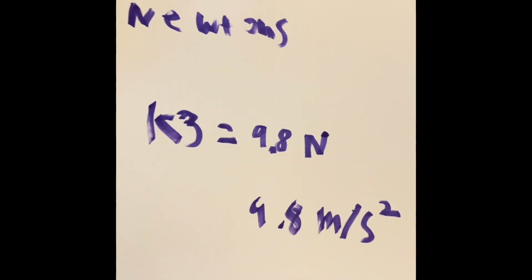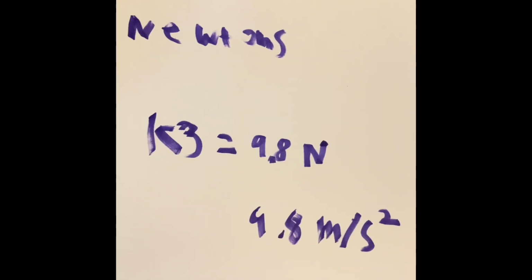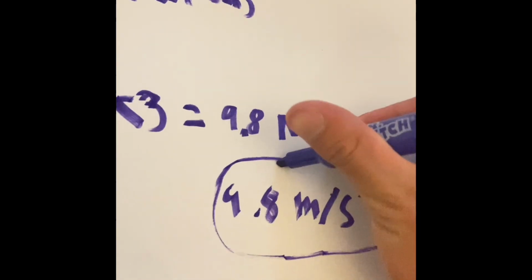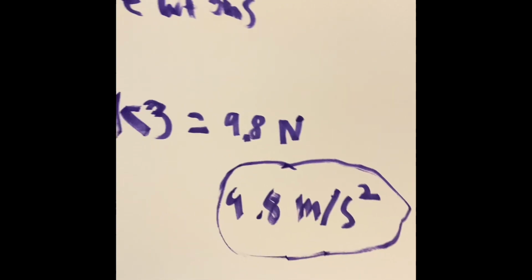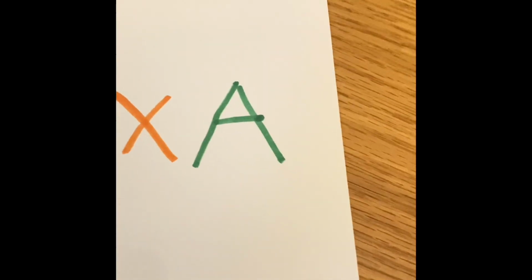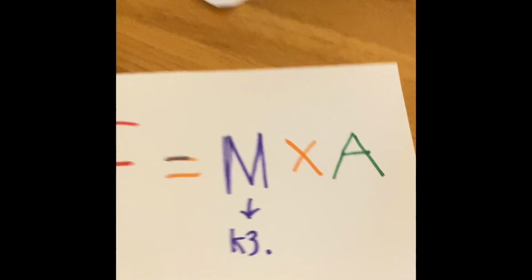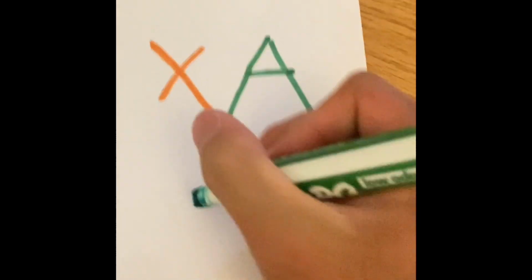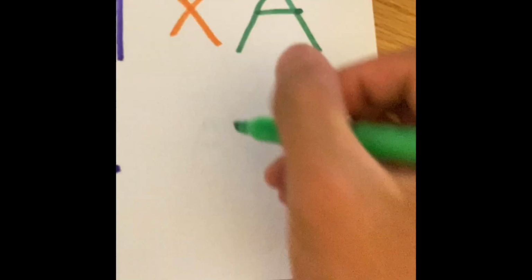So anything that falls will always have this speed when you're falling to Earth. That is relatable to the letter A in the formula, because the A represents the speed of an object, or the acceleration.